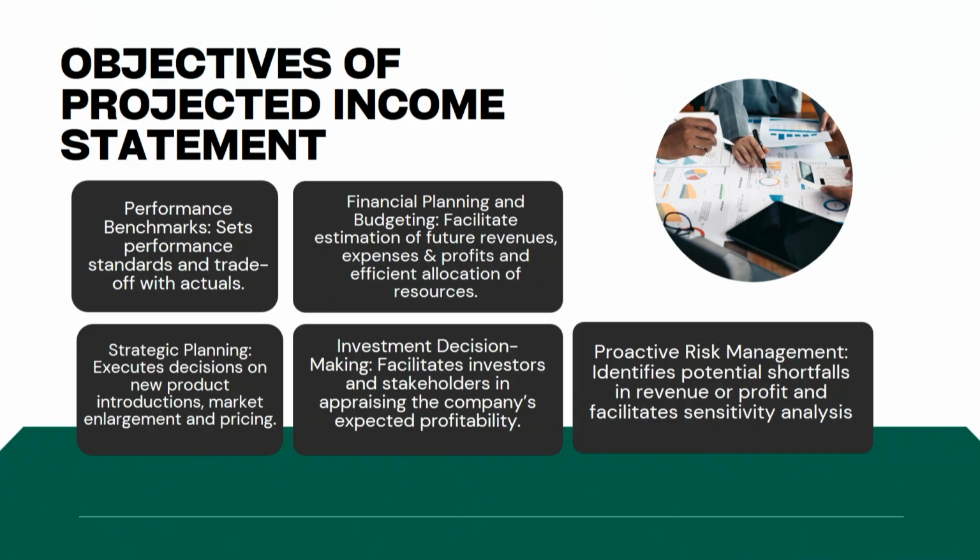Moving further, the last one is proactive risk management. It facilitates the identification of potential shortfalls in revenue or profit and facilitates sensitivity analysis. We all know that the operating performance, the so-called profit generation and the ability of a company to generate profit, is conditional upon different factors external and internal to the business.